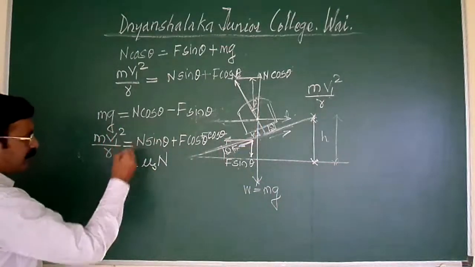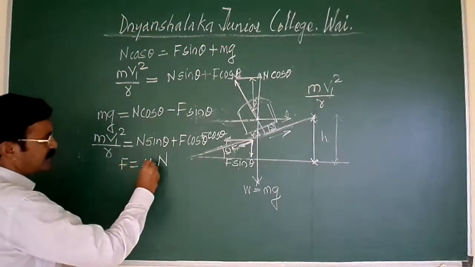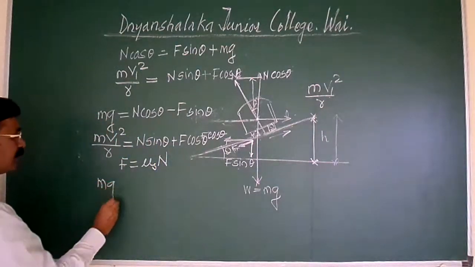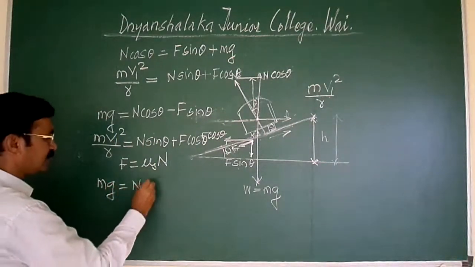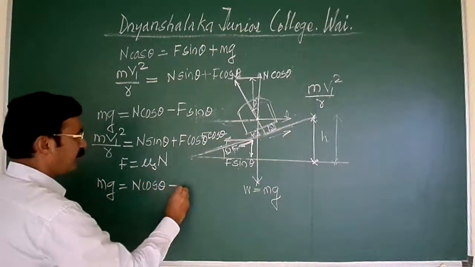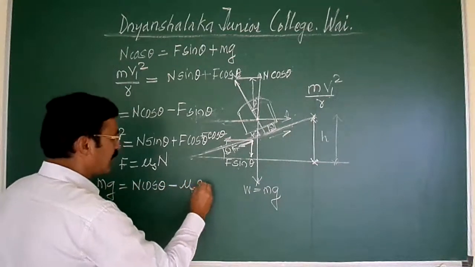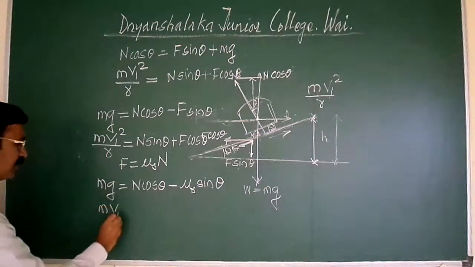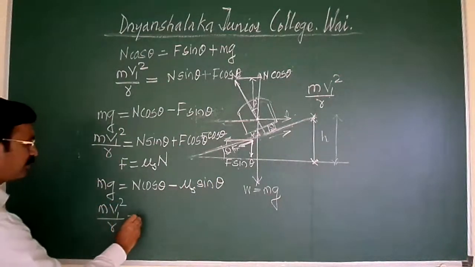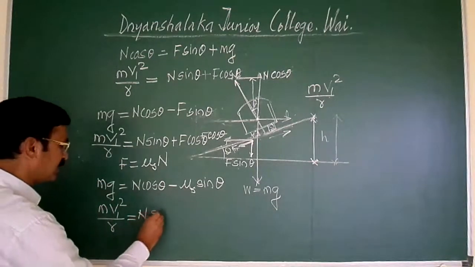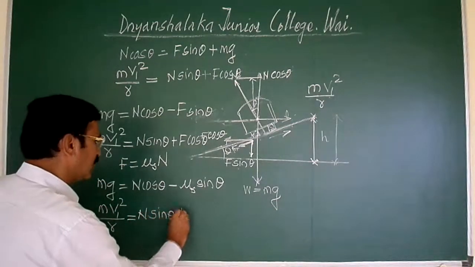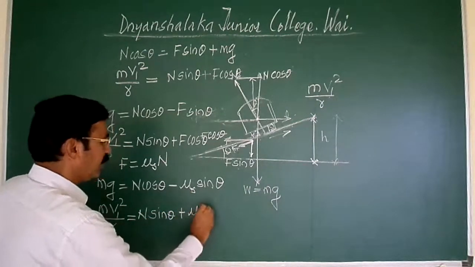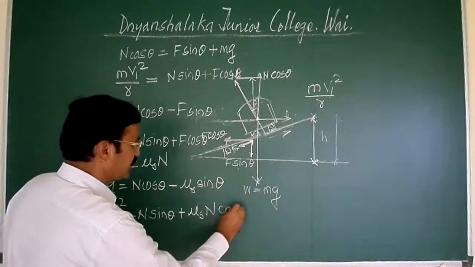If we represent F as mu s into n, then the equation will become mg is equal to n cos theta minus mu s n sin theta, and m v1 square upon r will be equal to n sin theta plus mu s into n cos theta.